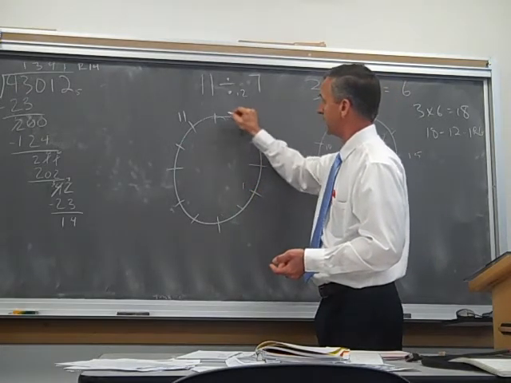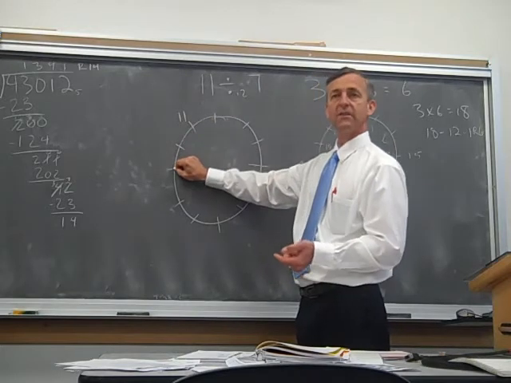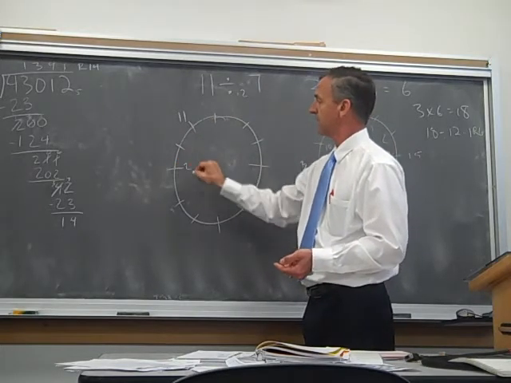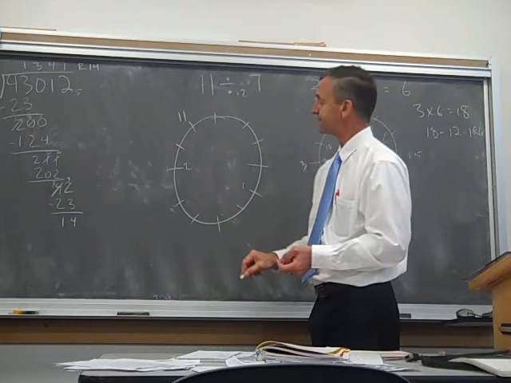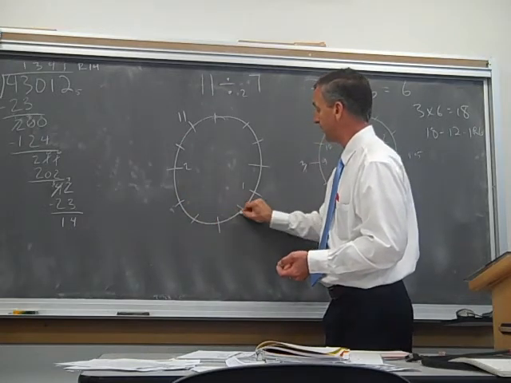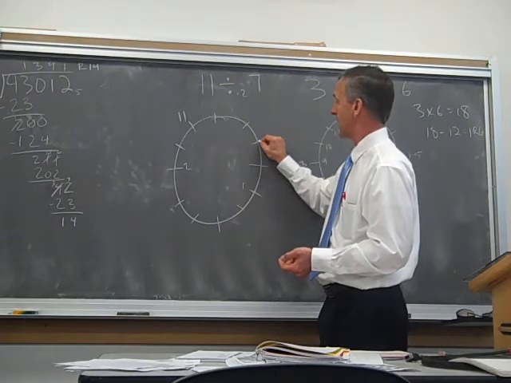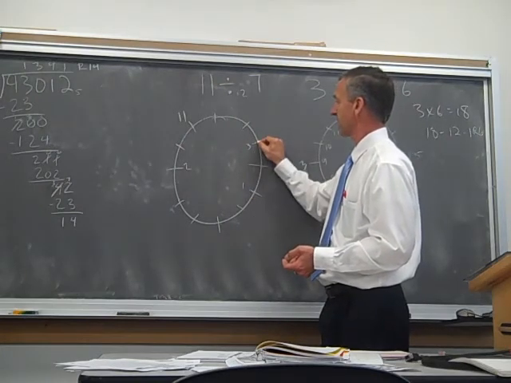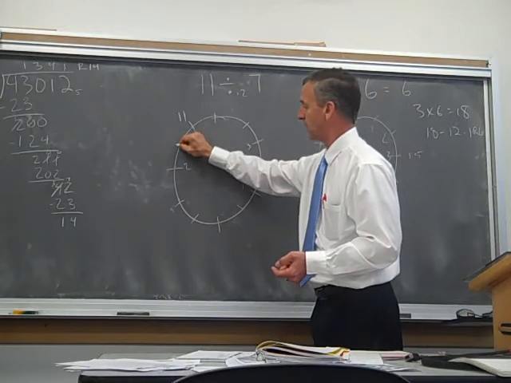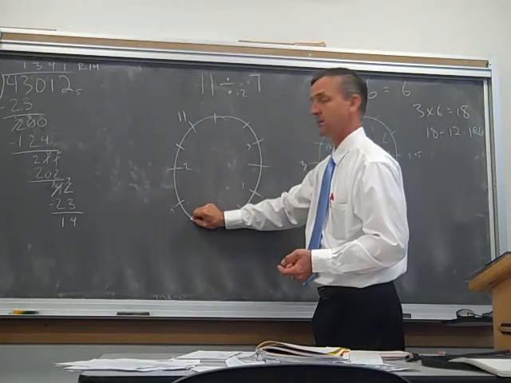1, 2, 3, 4, 5, 6, 7. Am I at 0? Then 2 is not our answer. Again, 7 more. Not at 0 yet. And I've gone 3 sevens. Again, 7 more.